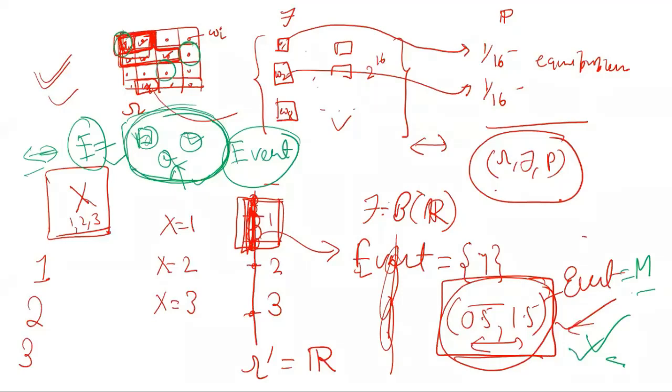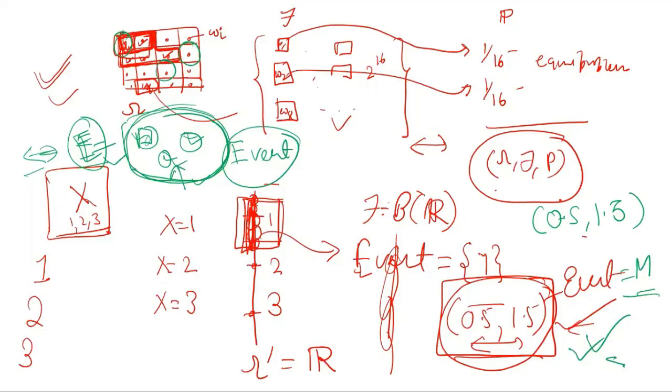Here M is an open interval. Here E is a physical phenomenon, which is made of three outcomes, each of them picking a particular candy. Okay, so now you can understand how they are connected, right?